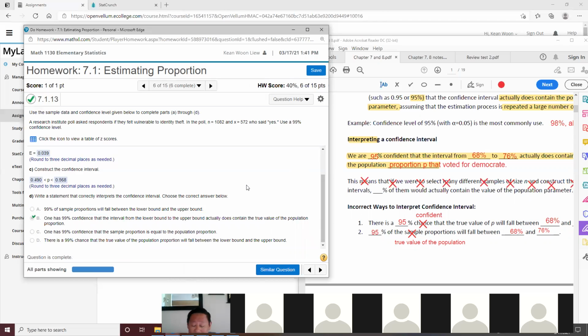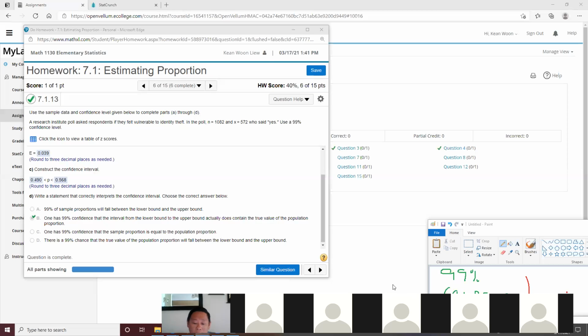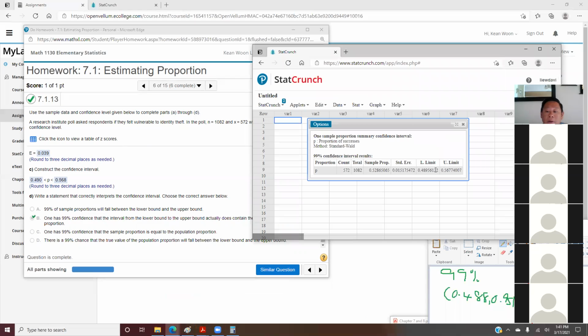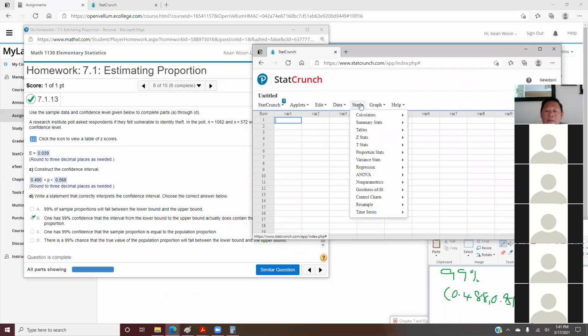Cecilia, can you explain the C portion of it, please? Where's my StatCrunch? This is StatCrunch. This is your lower and upper here. So you go to stats, you go to proportion stats, one sample with summary.